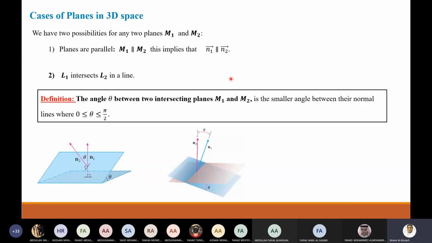Let me just go back here. You have two planes intersecting, and then I get a line. How to find this line of intersection? What do I need to do in order to find the line? Let's remember the lines. What kind of information do I need in order to write a line?